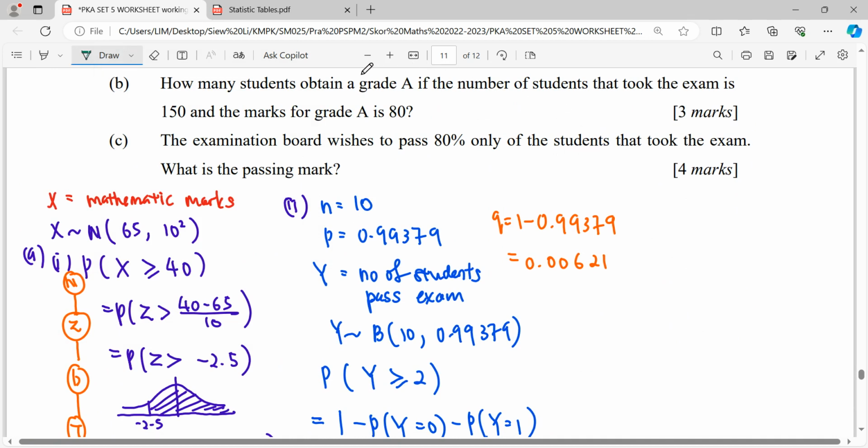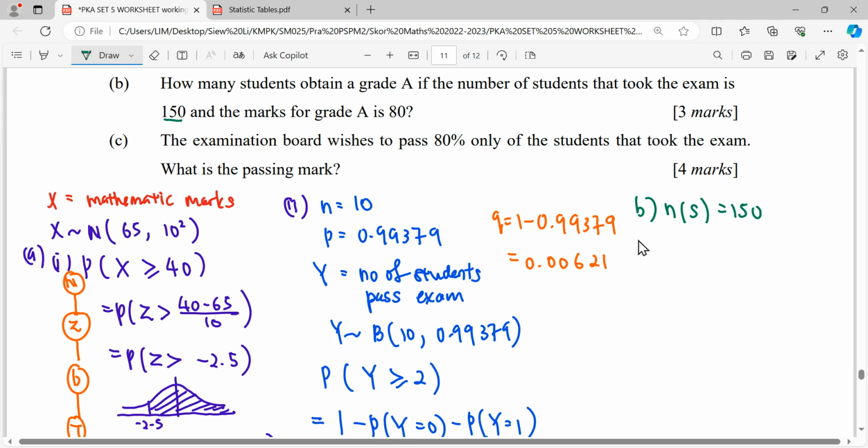How many students obtain a grade A if the number of students that took the exam is 150? So question B means the sample size is 150, and to get grade A, the mark for grade A is 80.